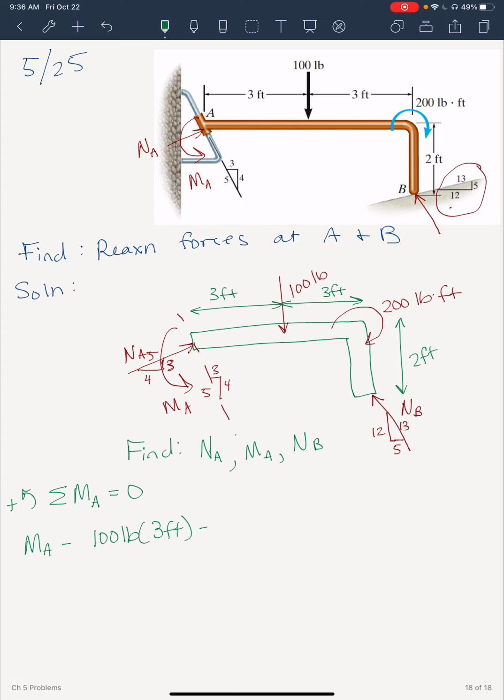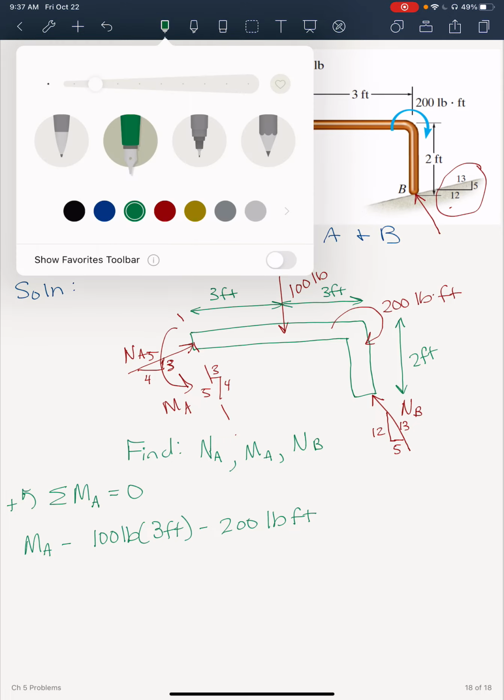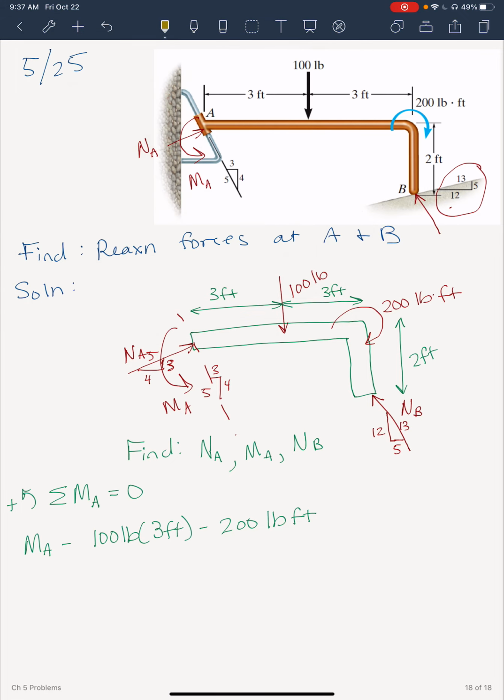I just did the right-hand rule with that, but it's minus 200 pound-feet. And then we have that NB force, which will create a moment for us. And so we'll need to break down that NB into 2 different components of its force. So basically just doing this.